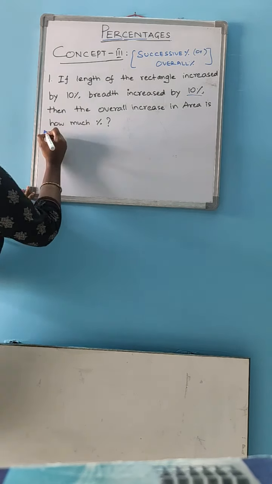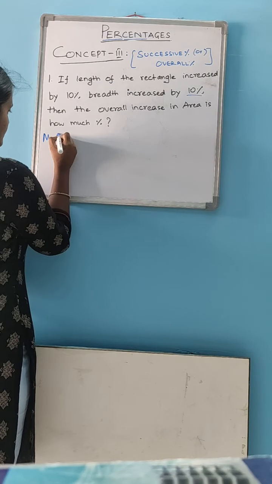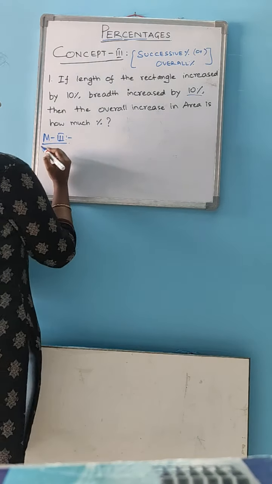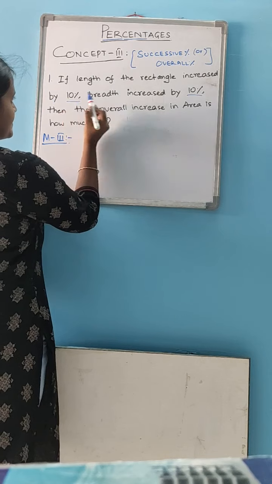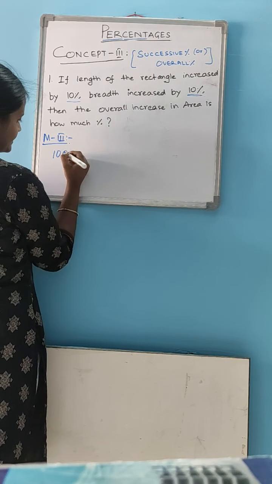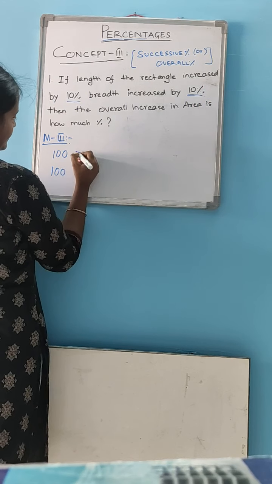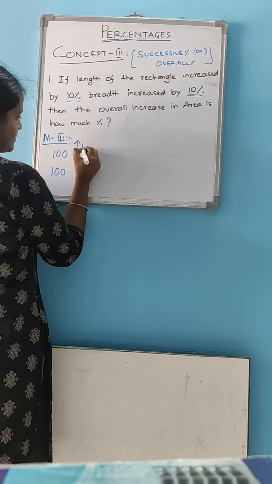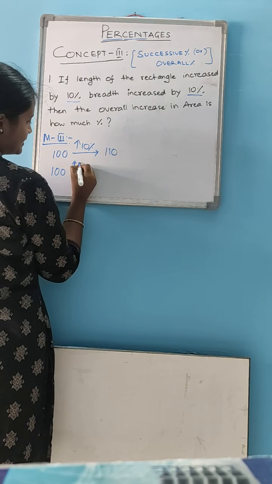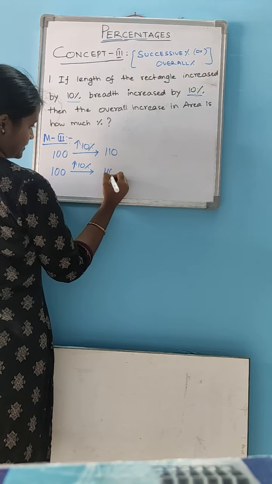Now we will see method 3 to solve this problem. See, here length increased by 10%, breadth increased by 10%. We have to take initial length as 100 and initial breadth as 100. Now length increased by 10%, that is 110, and breadth increased by 10%, that is 110.